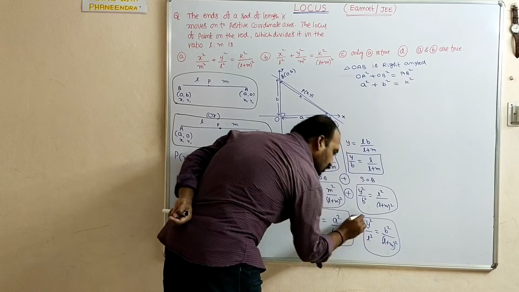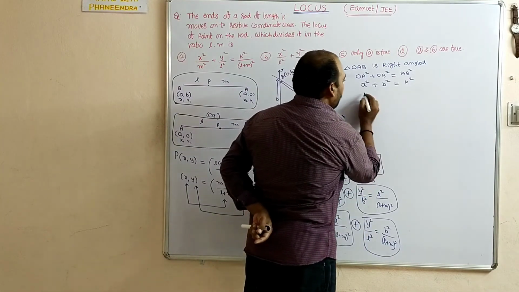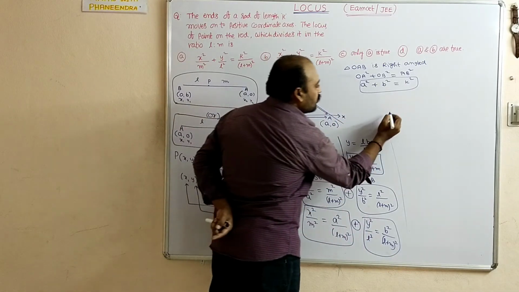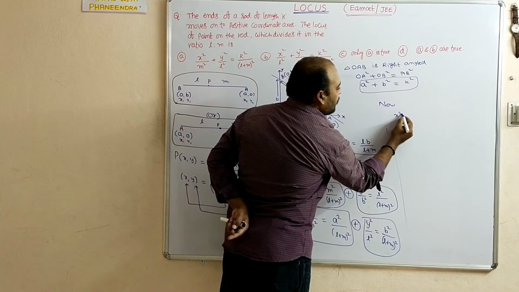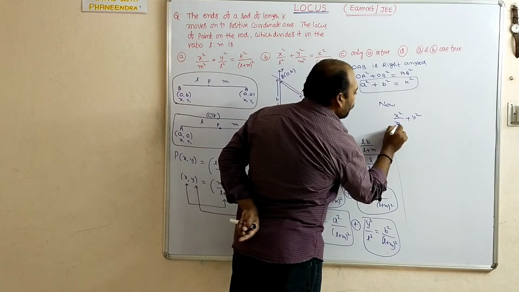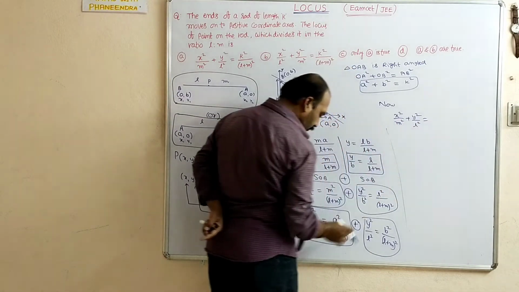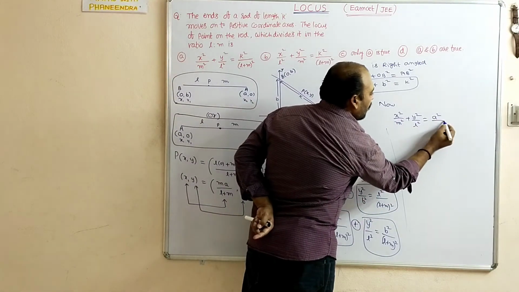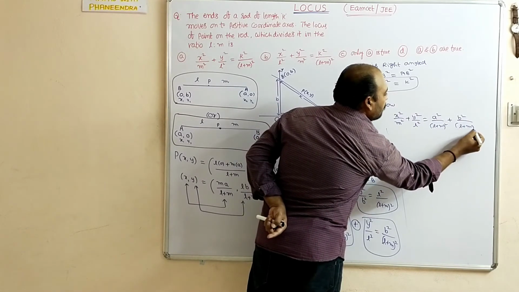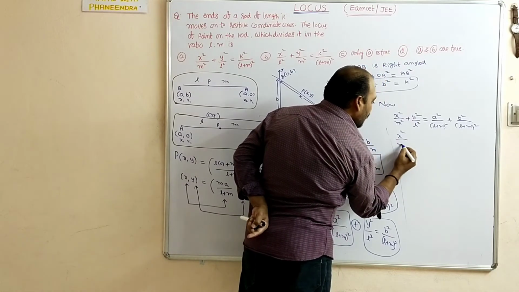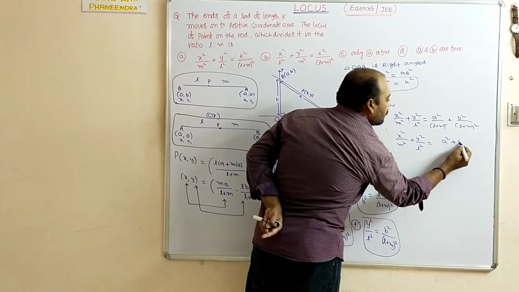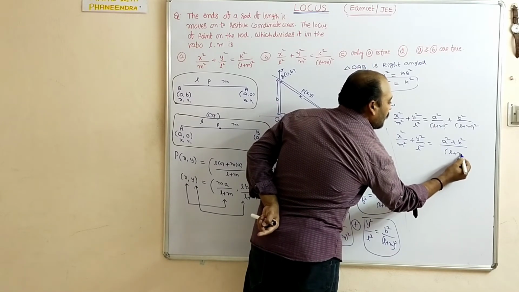Now adding these two, first the LHS: x square by m square plus y square by L square equal to (a square plus b square) divided by (L plus m) whole square.